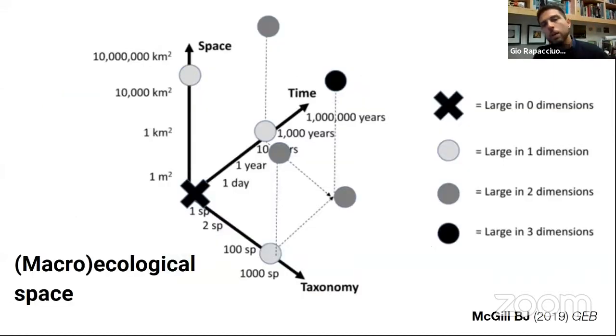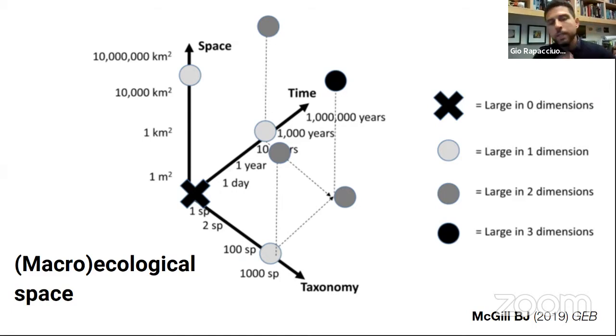And so to be able to understand and predict what might happen to living systems, we need information that is big in all three dimensions of ecological space. Those are space, time, and taxonomy. And if you're big in all or some of these dimensions, you're dealing with the domain of macroecology, large-scale ecology.